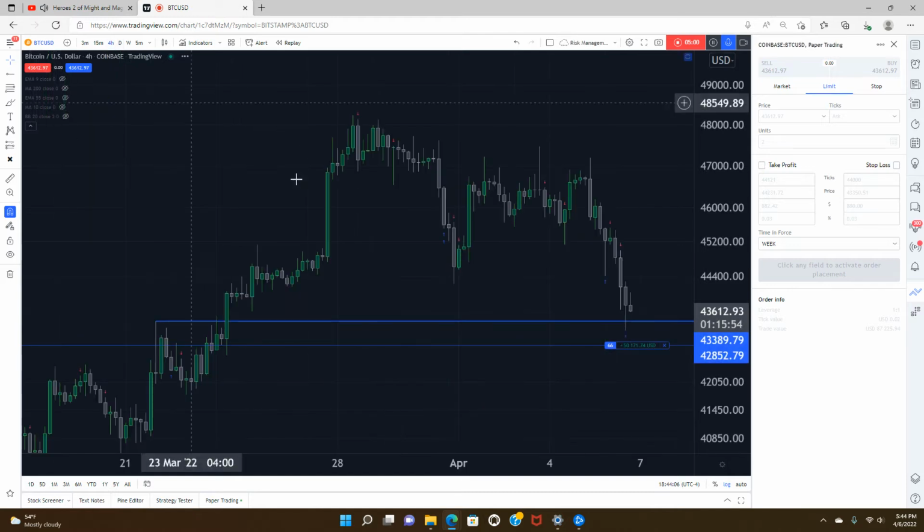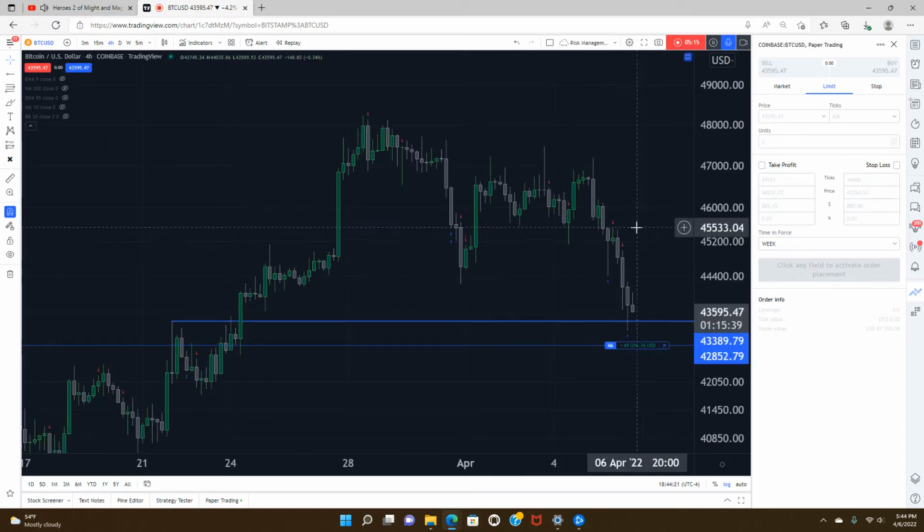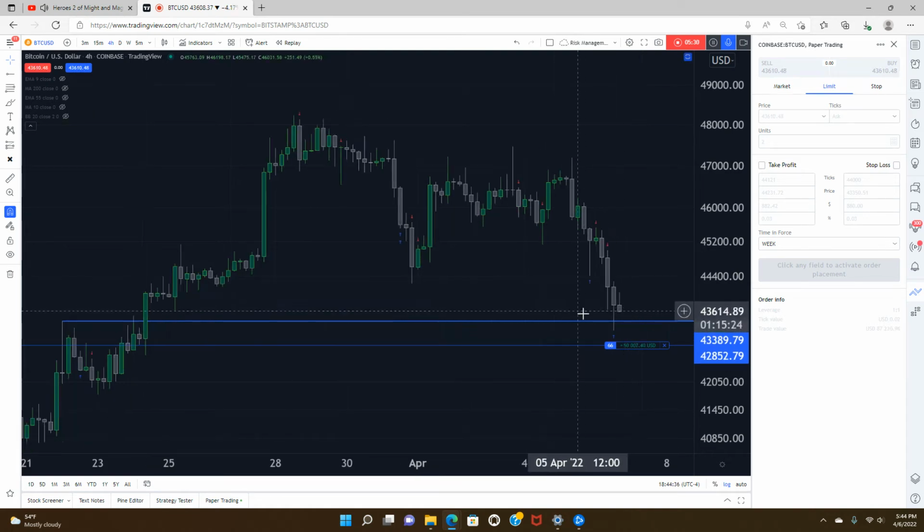Now, as far as where do I manage my risk on this position and where do I take profits? Well, seeing as how the lower time frames are starting to break down, and my average cost on my position is getting a little bit closer to current price action, I need to be a little bit more cavalier in the way I manage risk, and by that I probably want to use this low here, today's ultimate low on today's price action at 43,171 on Coinbase.